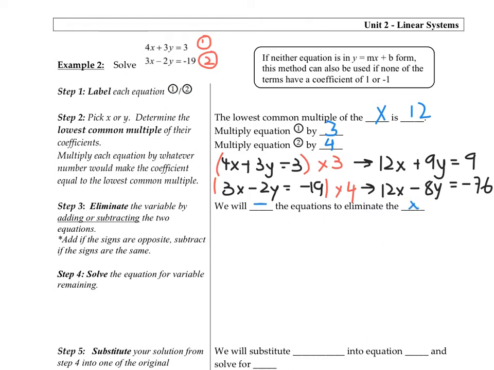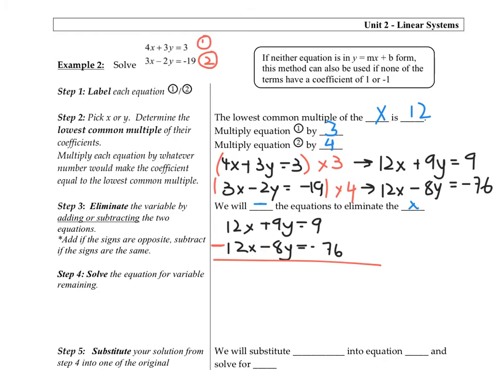Okay, I'm going to write my equations again, and then I'm going to subtract them. With subtraction, really be careful with those negatives. So 12x minus 12x, that's gone. 9y minus negative 8y, so that's two negatives, which is going to become addition.